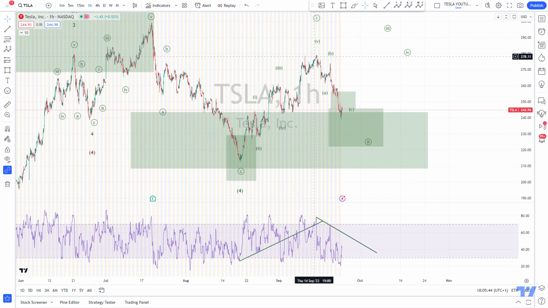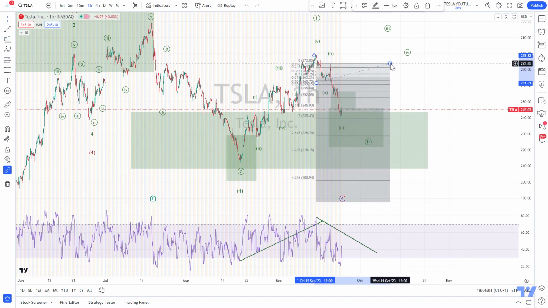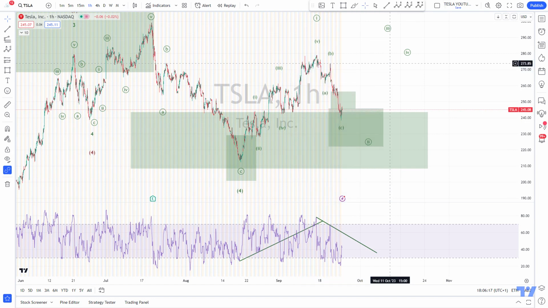This could be an ABC correction, but then we would have a very extended wave C, because a wave C is not supposed to go beyond the 1.618 Fib extension. I would prefer to see the wave C ending here between the 1 and the 1.618 Fib extension, but that did not really happen. However, these exceptions are possible.